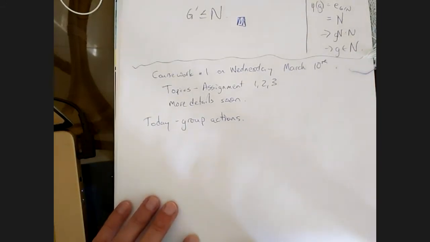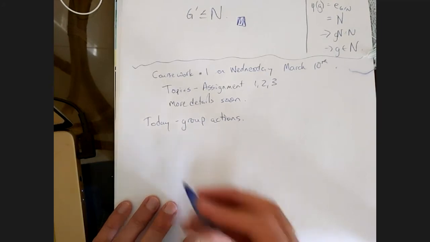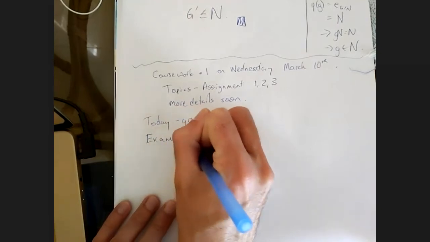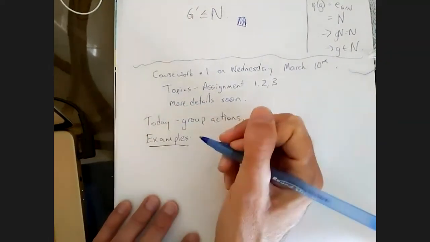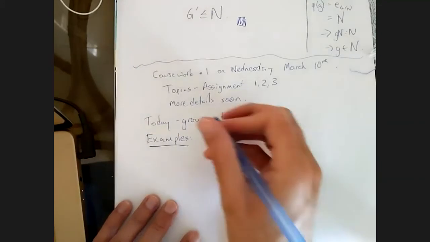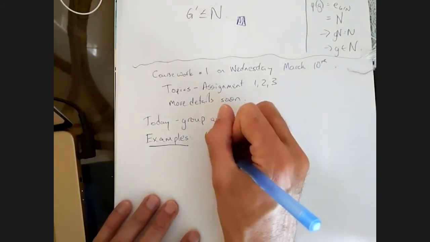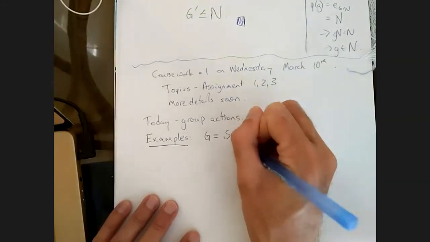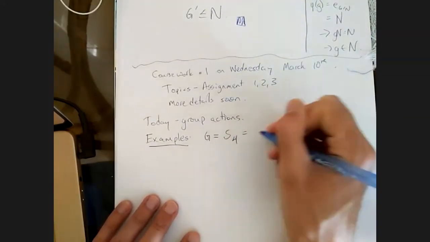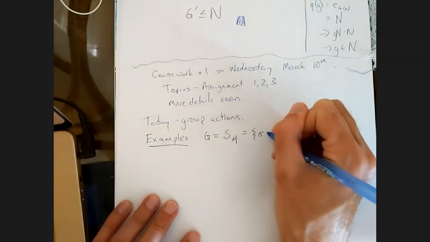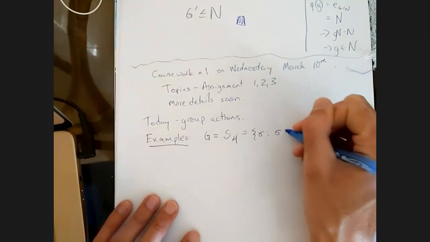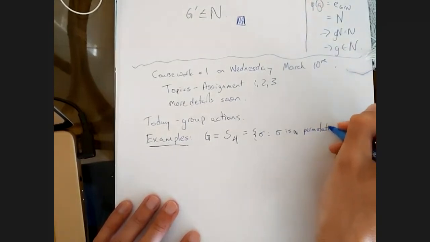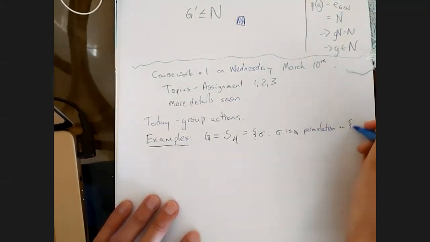Before I define what they are, let me tell you a few examples. Okay, so G is going to be maybe S4. This is the set of sigma such that sigma is a permutation on 1, 2, 3, 4.